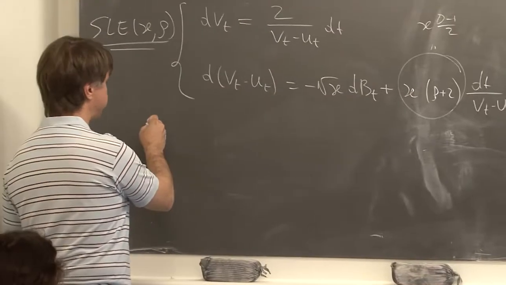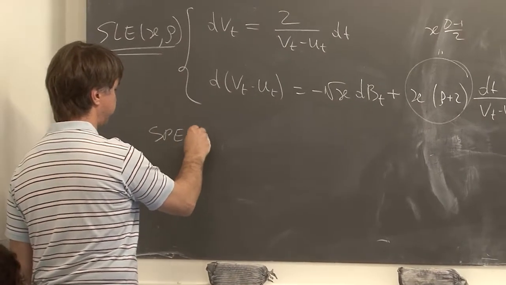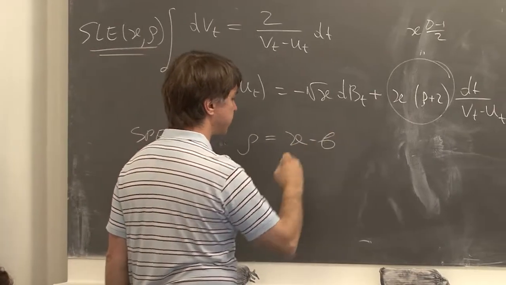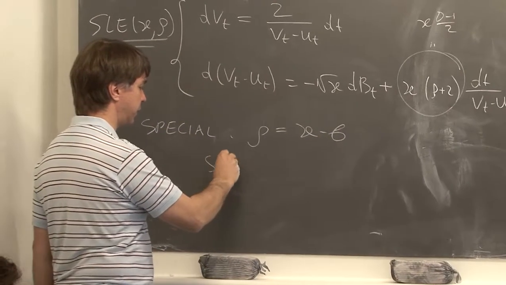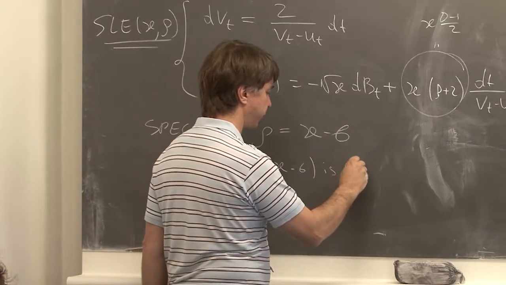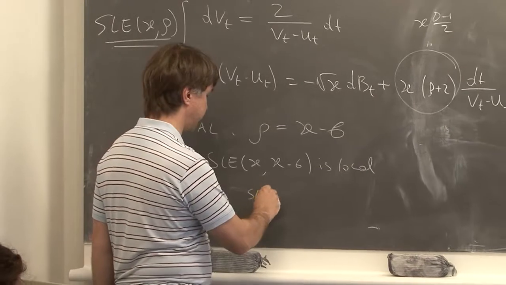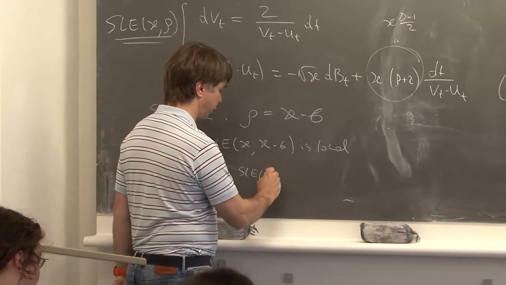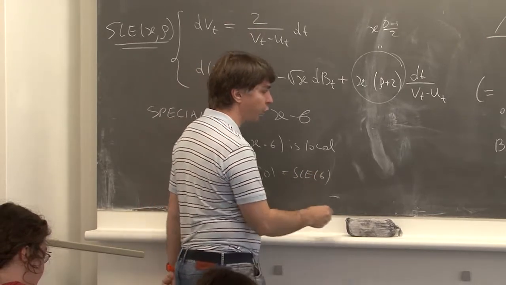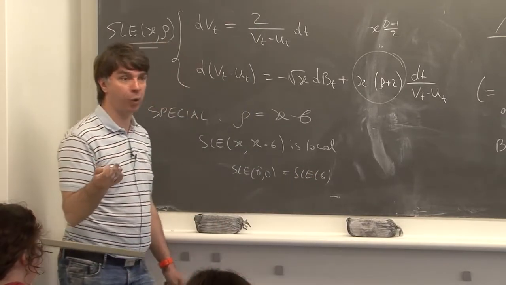Now, a very special rho is played by rho equal to kappa minus 6. So SLE kappa with rho equal to kappa minus 6 is local. For example, SLE 6 with rho 0, which is just SLE 6 because you have no drift whatsoever, is local. It means it doesn't see where it's going.